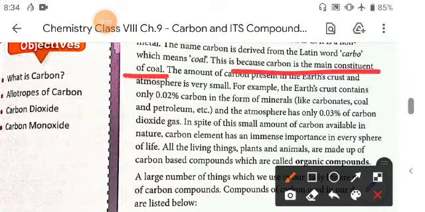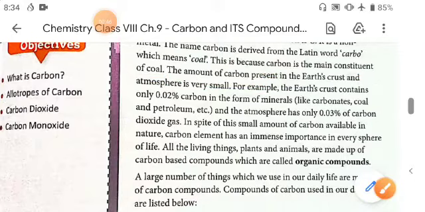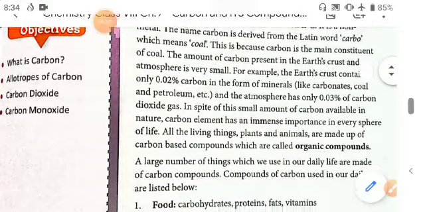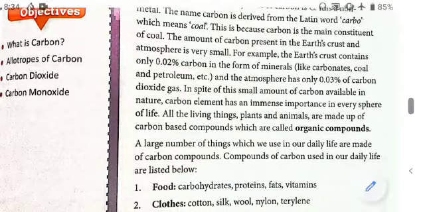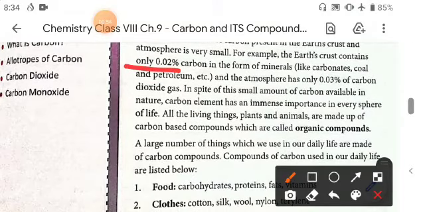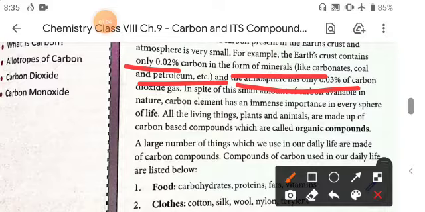The amount of carbon present in the earth crust is very small. For example, the earth crust contains only 0.02% carbon, in the form of minerals like carbonates, coal and petroleum, etc., and the atmosphere has only 0.03% of carbon dioxide gas.